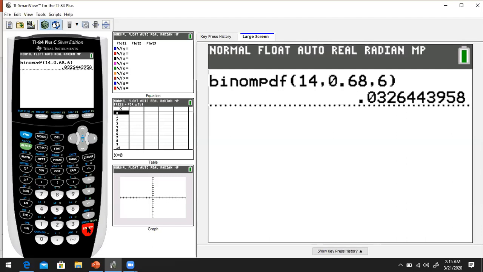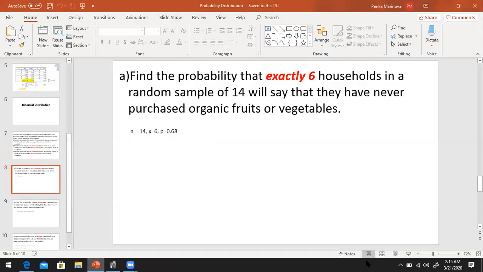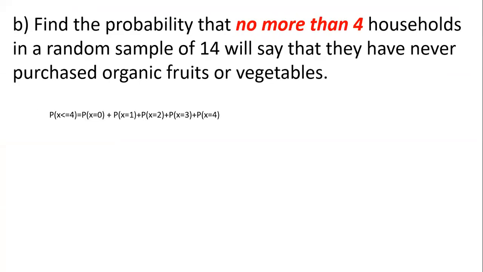Now, let's talk about B. Find the probability that no more than 4 households in a random sample of 14 will say that they have never purchased organic fruits or vegetables.